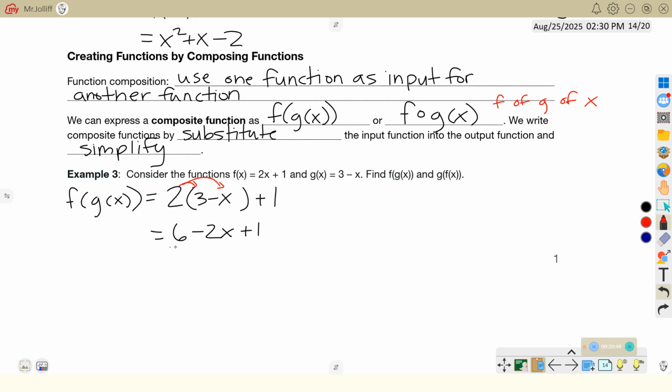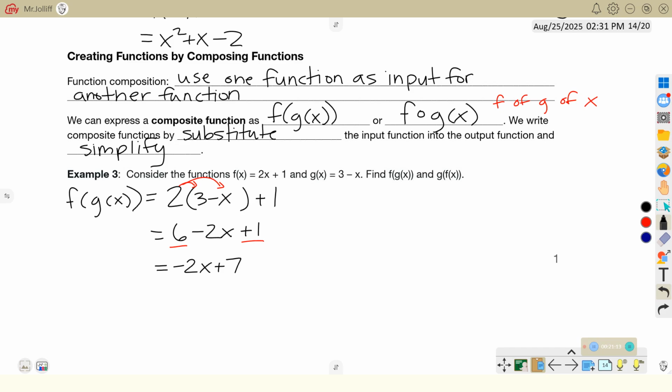Combine like terms. There's a constant in front, a constant in the back. So 6 plus 1 is 7. And I'm going to write this in a very particular order because I recognize that function structure. So f of g of x, our new function, is negative 2x plus 7.